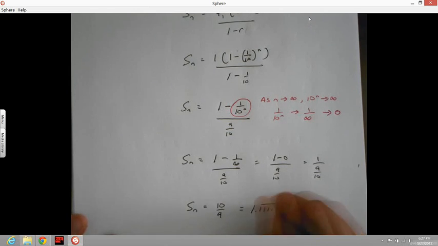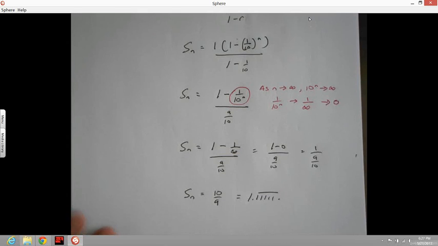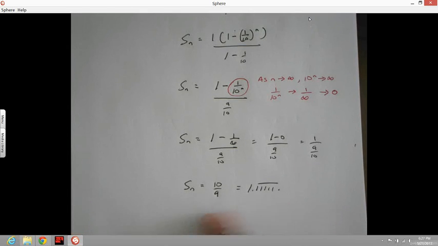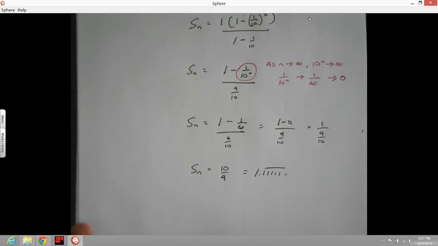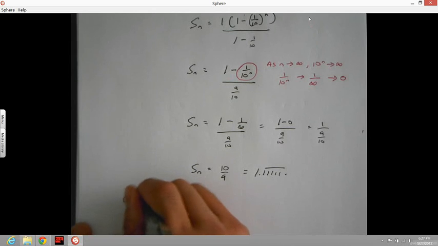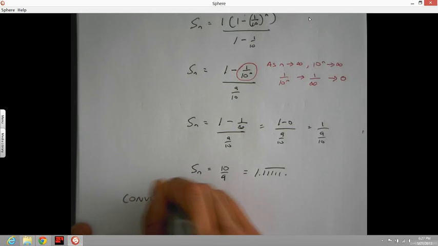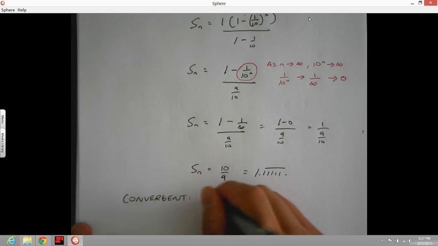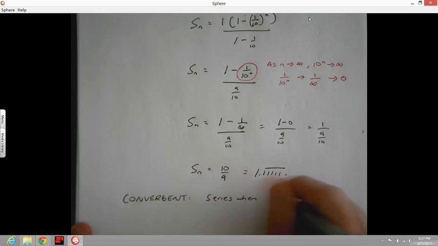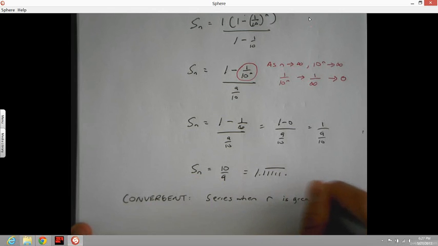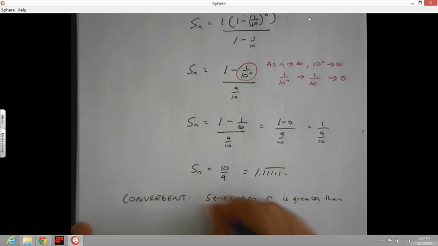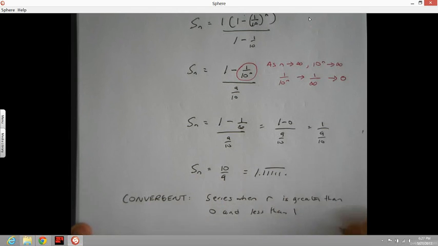All right. If you think about why that's true, let's go ahead and make sense. I'm not really dwelling on the numbers here, but the one thing I want to do is label this series. This series is what we call convergent. It's a series when your common ratio r is greater than 0 and less than 1, on the positive side anyways.